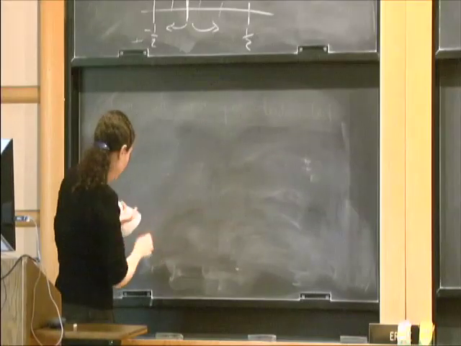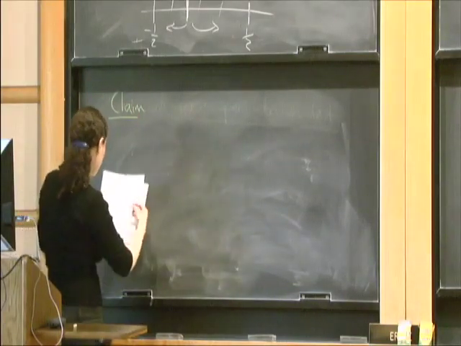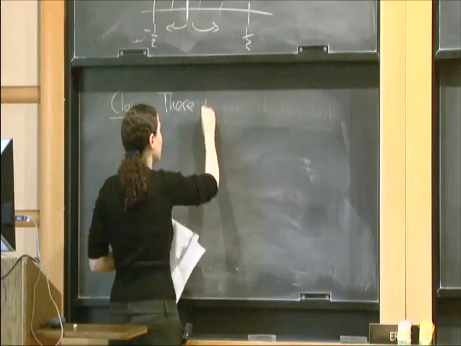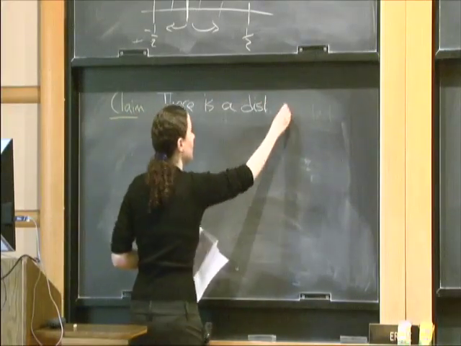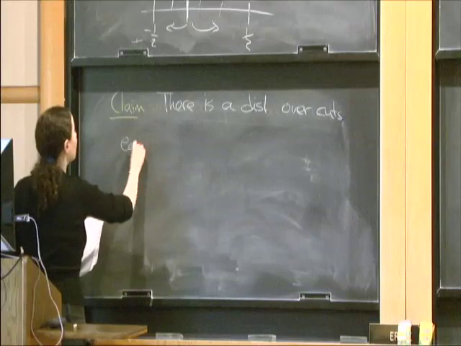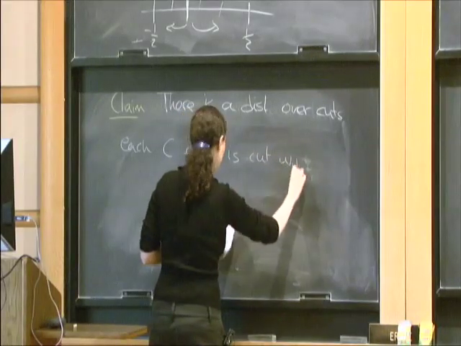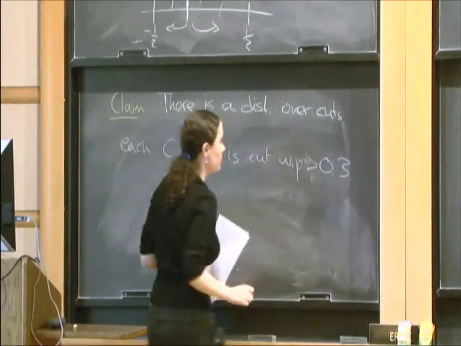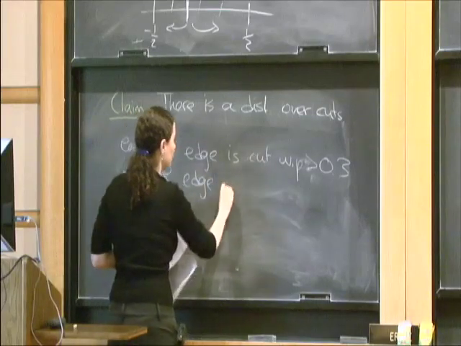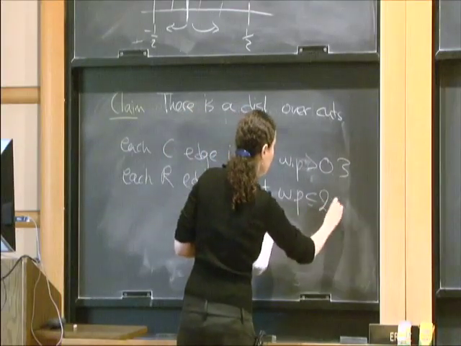Fine. The second claim, which will almost finish everything, is that there is a distribution over cuts where each C edge is cut with probability at least more than 0.3, and each R edge is cut with probability at most 2 times 10 to the minus 4.